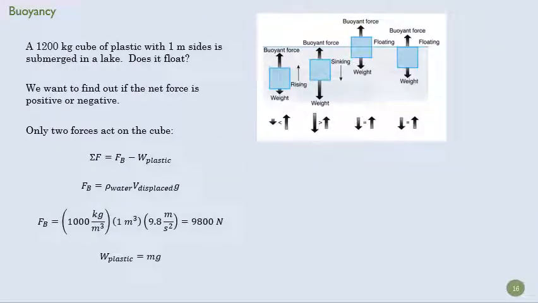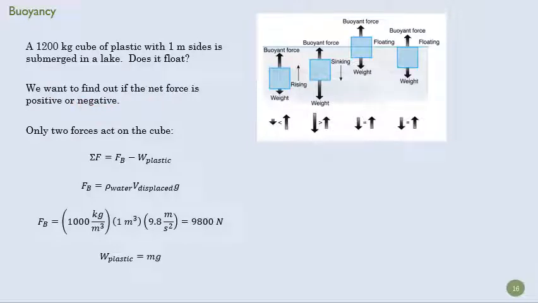But let's do a little bit of practice here. So let's say I have a 1,200 kilogram cube of plastic that's 1 meter cubed on all sides. Does it float? Well, we want to find out if the net force is positive or negative, right?